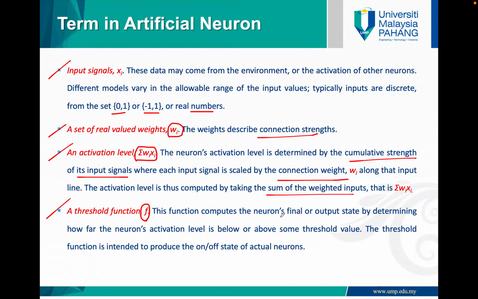The function computes the neuron's final or output state by determining how far the neuron's activation level is below or above some threshold value. The threshold function is intended to produce the on or off state of actual neurons. So that's the terms in artificial neurons.